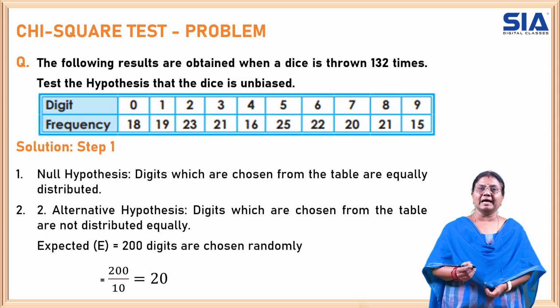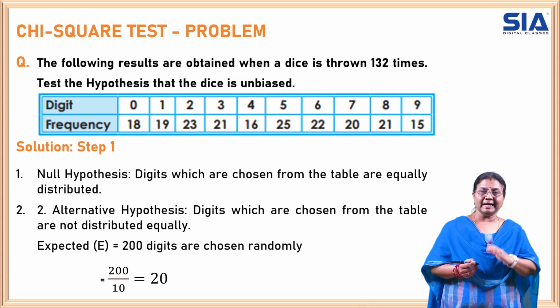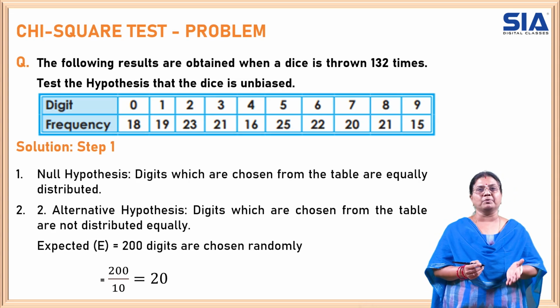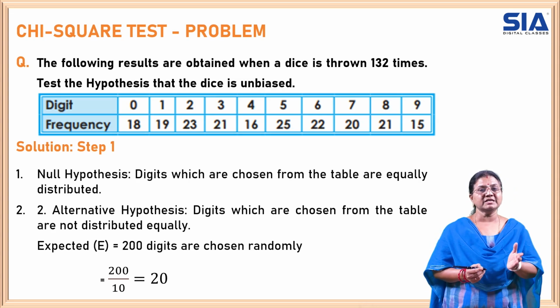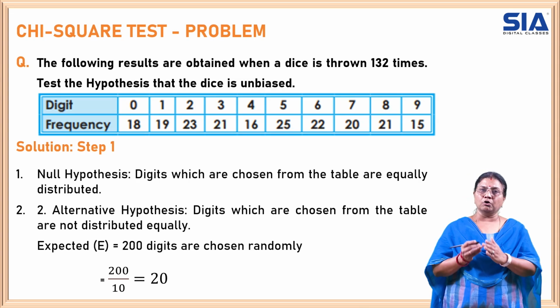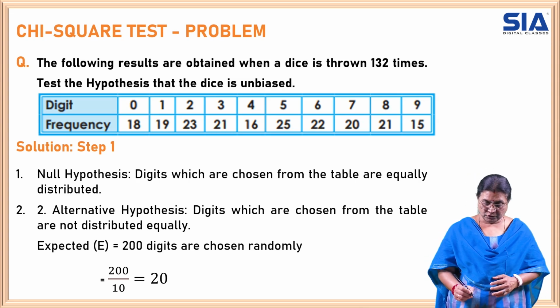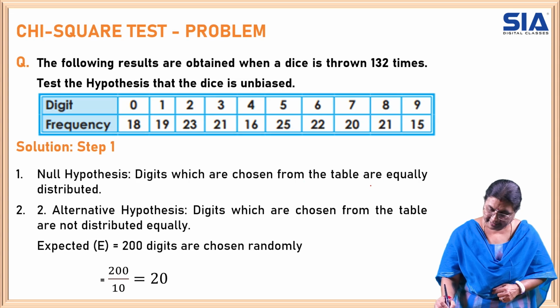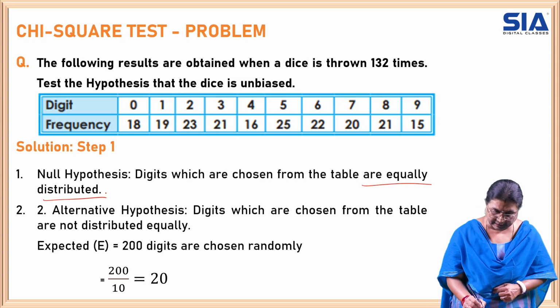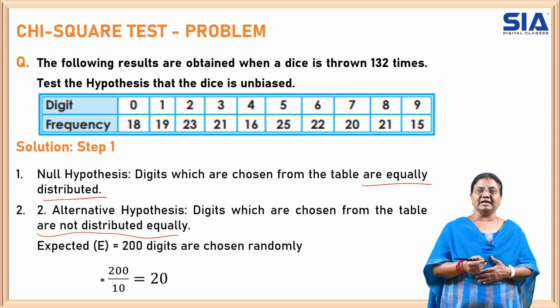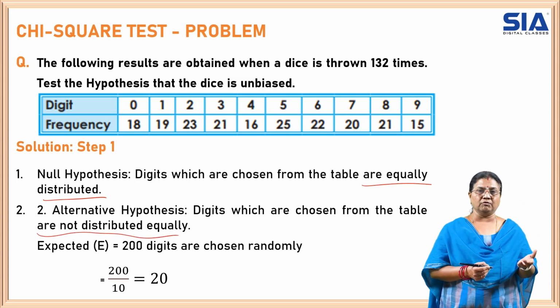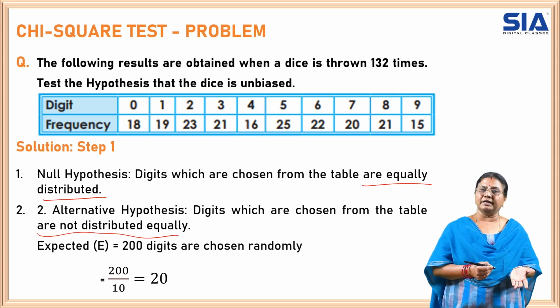And the alternative hypothesis, obviously, will be opposite to that: digits which are chosen from the table are not distributed equally. So let us see whether the null hypothesis is accepted or rejected.